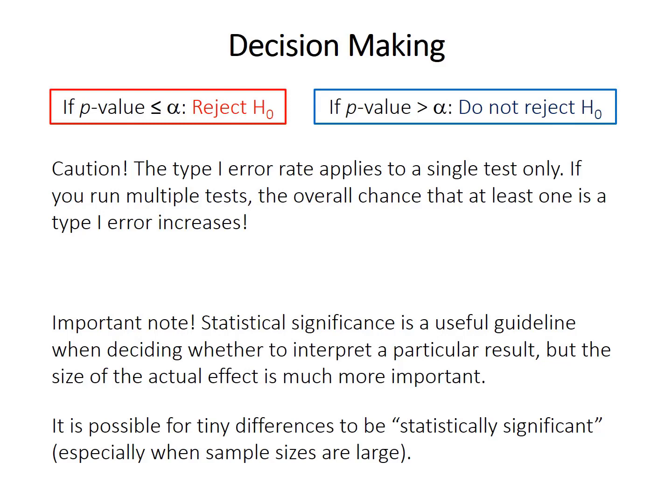Statistical significance is a function both of the size of the effect, but also the sample size that you're working with. So tiny differences between groups can end up being statistically significant if you have a large sample size, even though they might not be meaningful in a real-world sense.